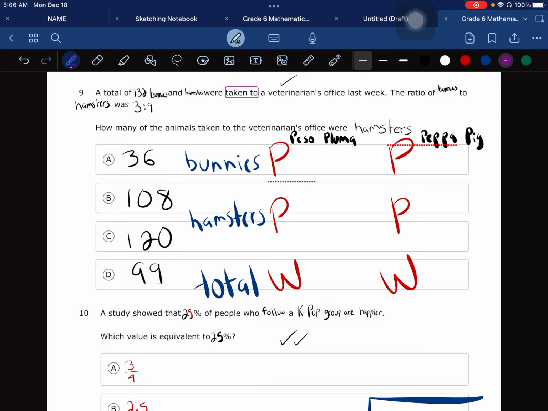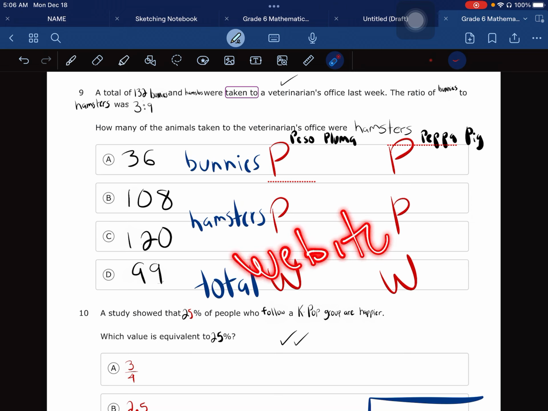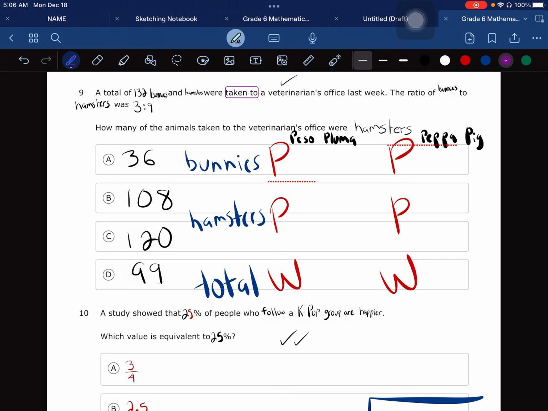Number 9, chicos. We're going to do Peso Pluma Guacala and Peppa Pig Un Huevito. Ahora, a total of 132 bunnies were taken to a veterinarian's office last week. The ratio of bunnies to hamsters was 3 to 9.